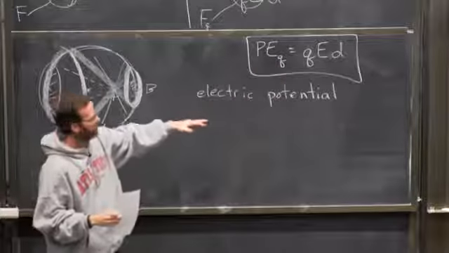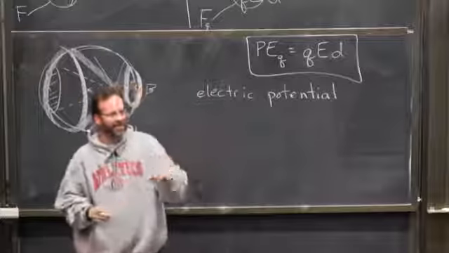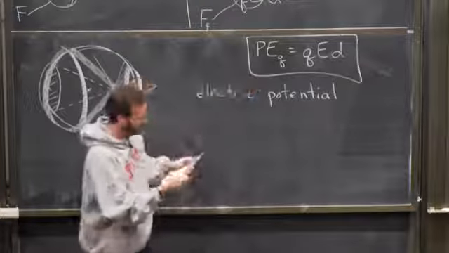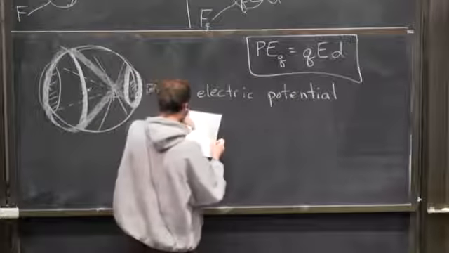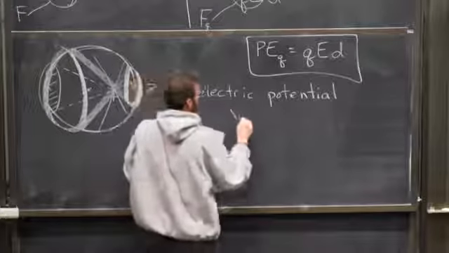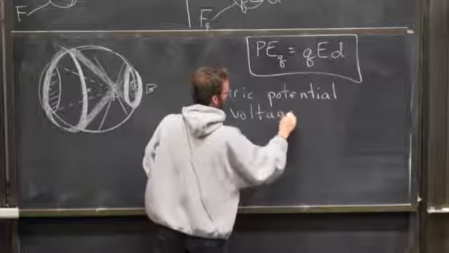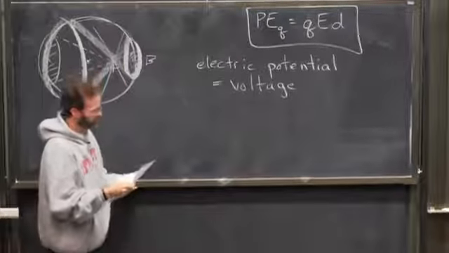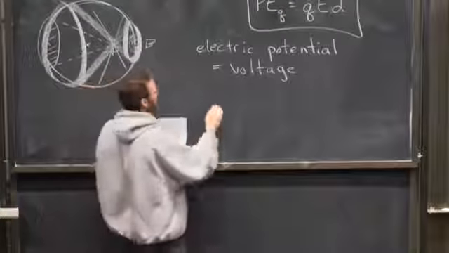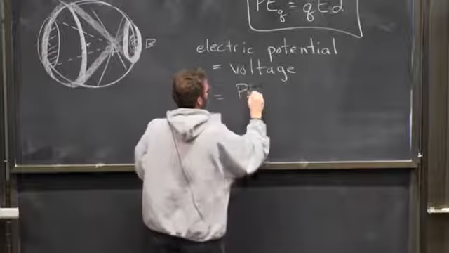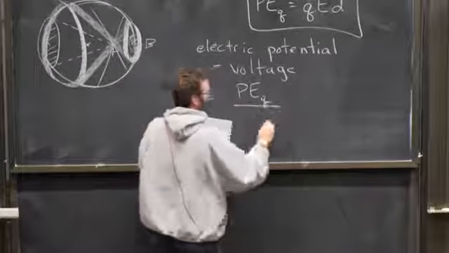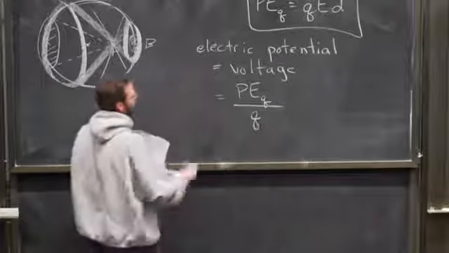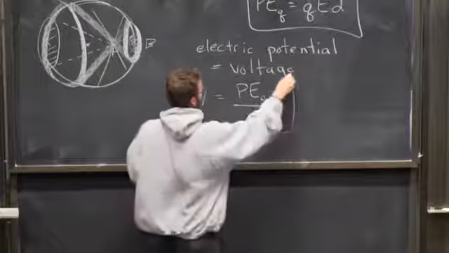To specify the difference, electric potential is not the same thing as electric potential energy. The electric potential is the same thing as what you guys are probably more familiar with, voltage. When you hear the term voltage, it's electric potential. And that is just the electric potential energy per charge. So that's voltage.